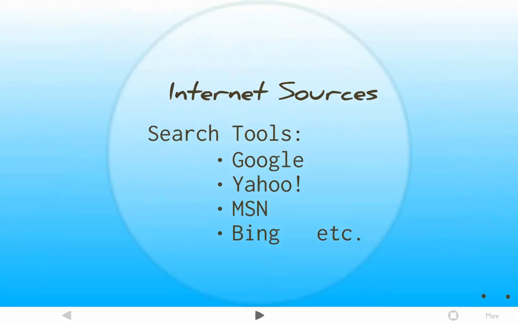And internet sources. We're going to talk about how to get those. Most people are, again, familiar with a lot of these things, but Google, Yahoo, MSN, Bing, different search tools, these are the kinds of things. This is how you get to those internet sources. They're out there, but how do you find them? You need a search tool, and we're going to talk a little bit about that.